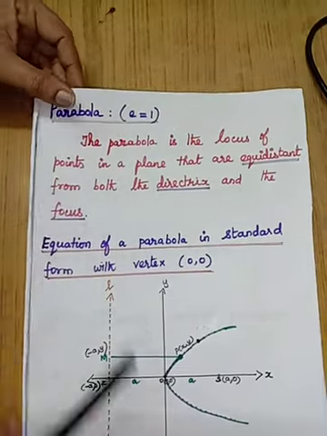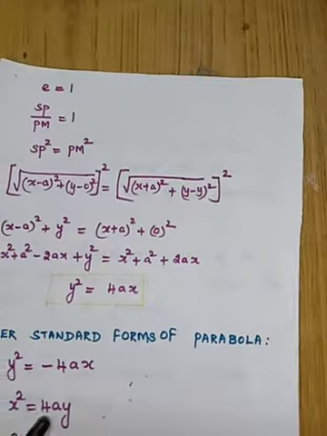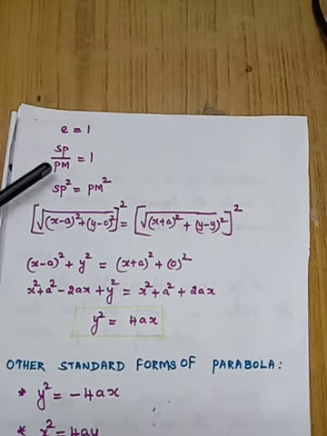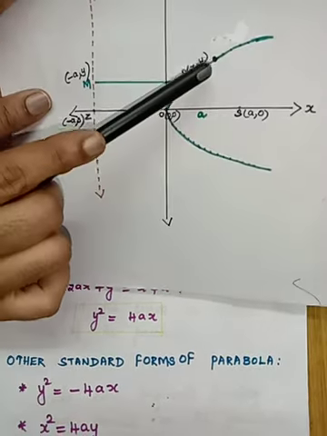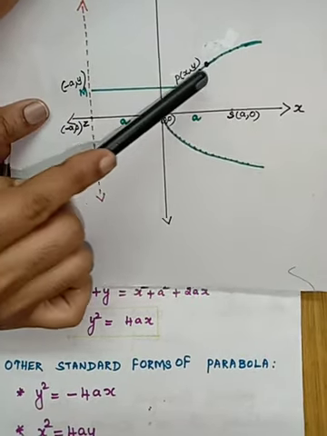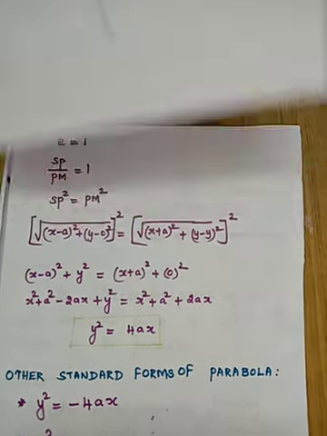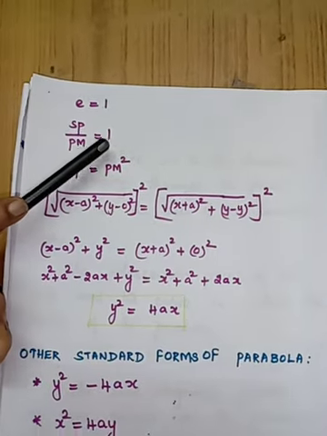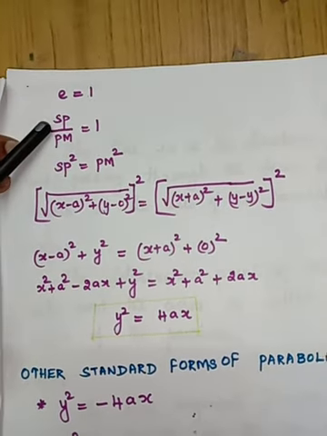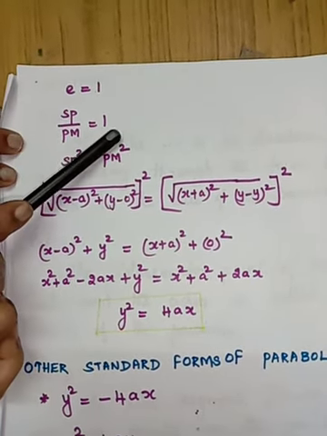In the previous class we said e is nothing but SP by PM, SP being the distance to the focus and PM the distance to the directrix of the moving point. So SP by PM is equal to 1, and the result is SP is equal to PM.